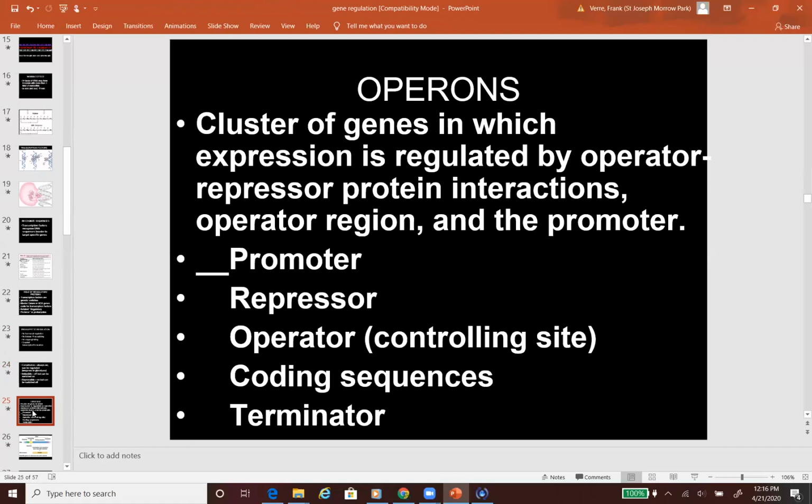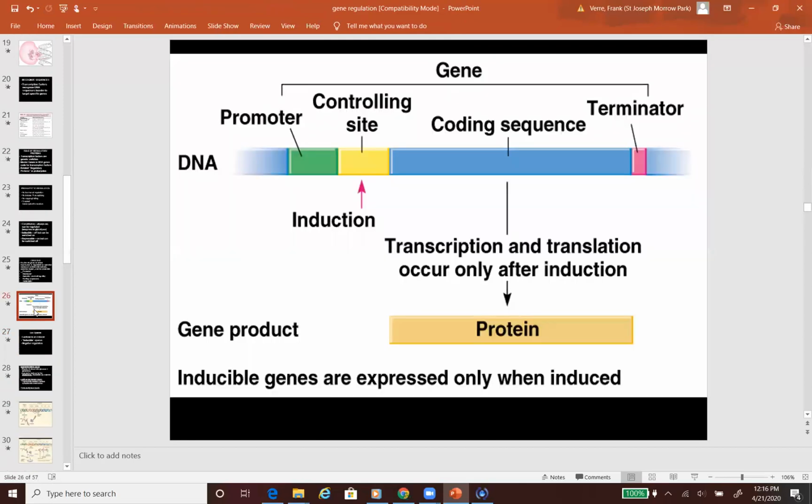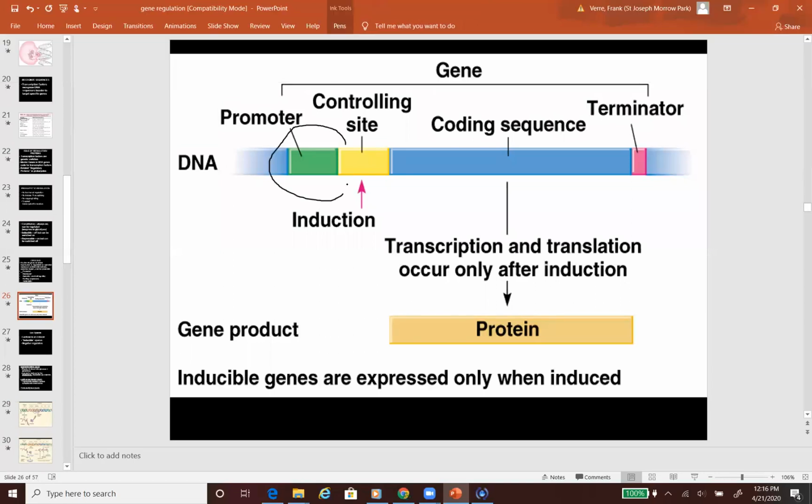We're going to look at a model to help understand this. The model is found in bacteria. This is called an operon model. And the main difference is that in an operon model, if you remember from transcription, the role of the promoter region is to allow RNA polymerase to attach to that site and then begin transcription, right?